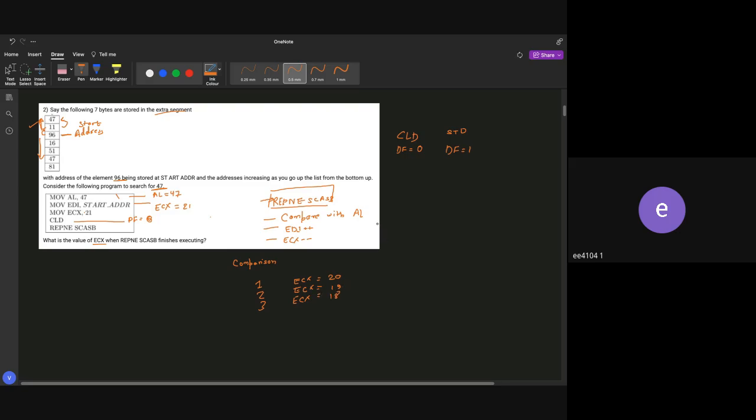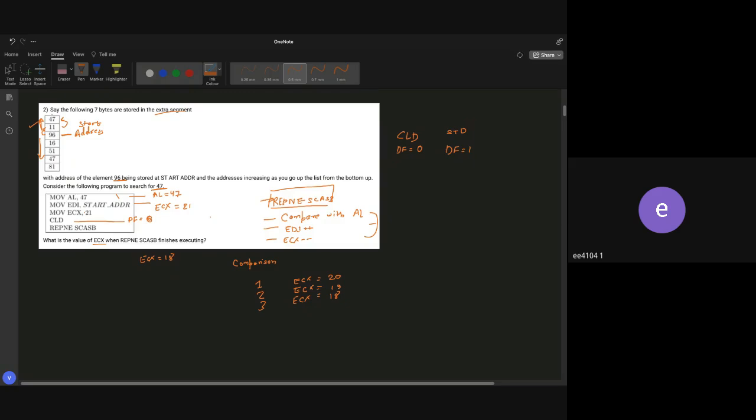So even though it satisfies or not, these three instructions will be performed one by one. Okay. So after this third comparison, we got this 47, and the value of ECX is 18, right? So the answer for this question is 18.